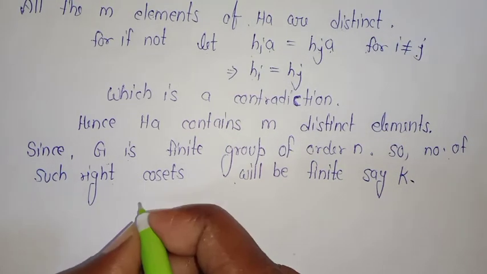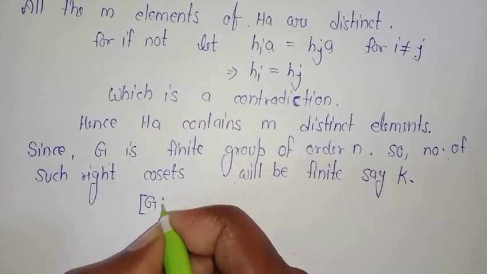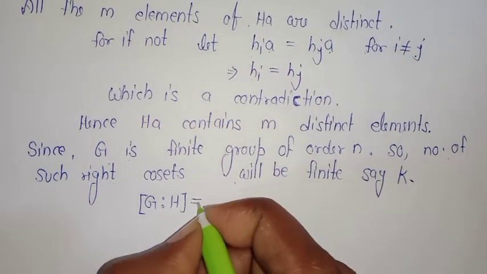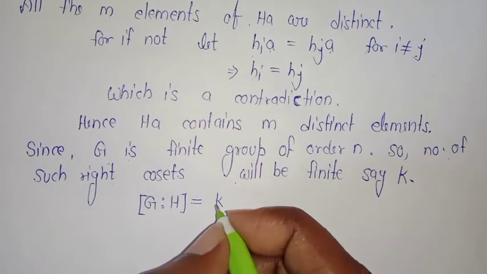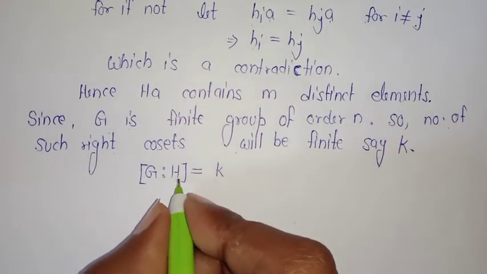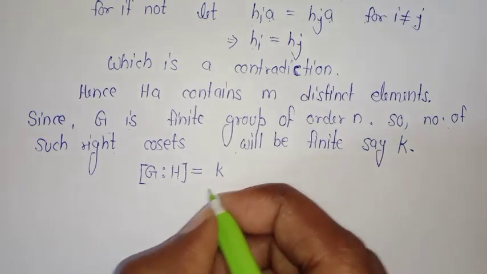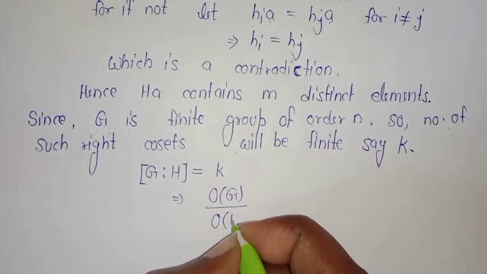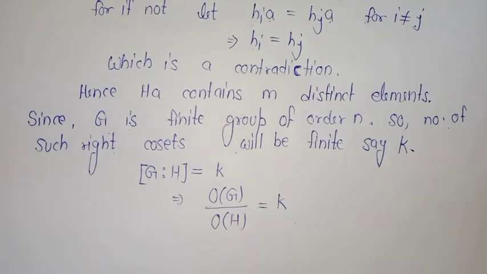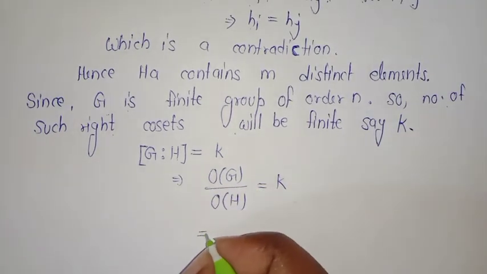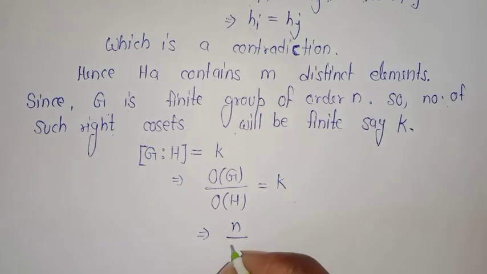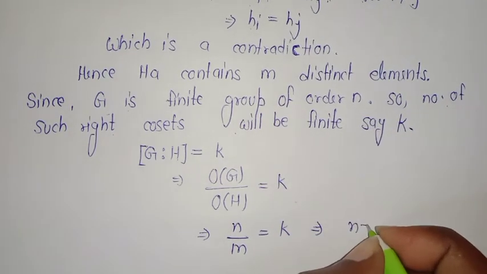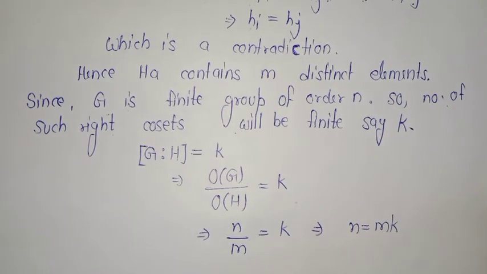So in that case, the index of H in G will be k, a finite number k. And what is the index of H in G? We know that this is equal to the order of G divided by the order of H, and that is equal to k, and we have the order of G as n and the order of H as m, so n divided by m equals k. This implies n equals m times k.